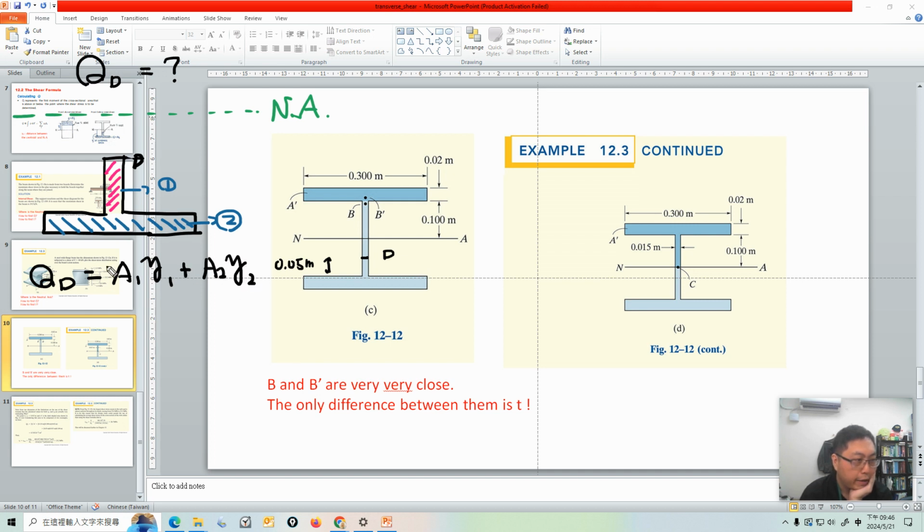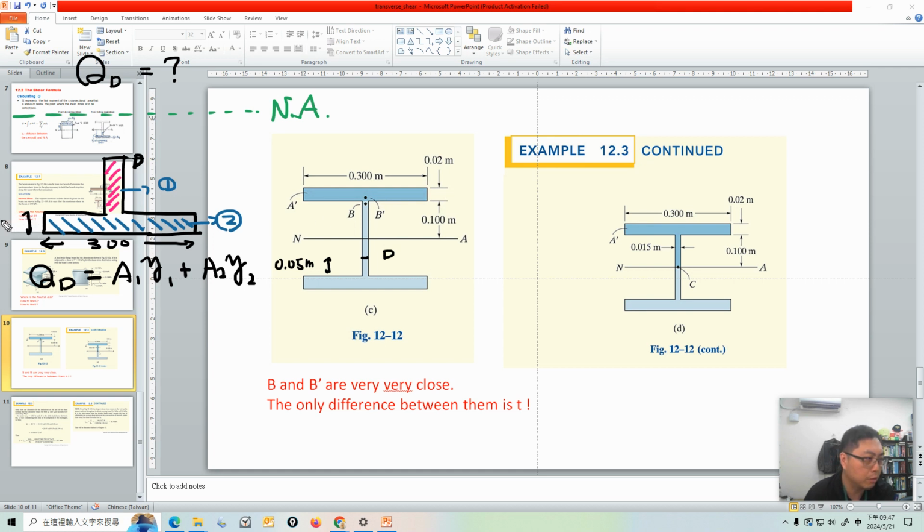Here we need to summarize some geometry information. Here is 300 millimeter, and here is 300 millimeter, based on the information in this problem. Here is 20 millimeter.